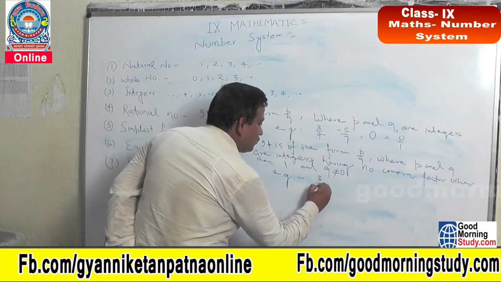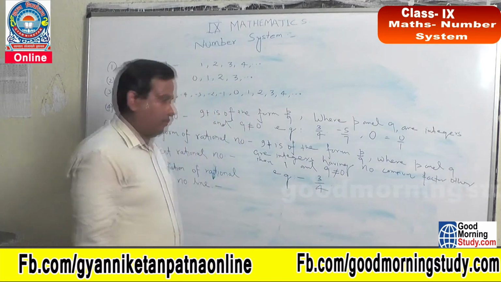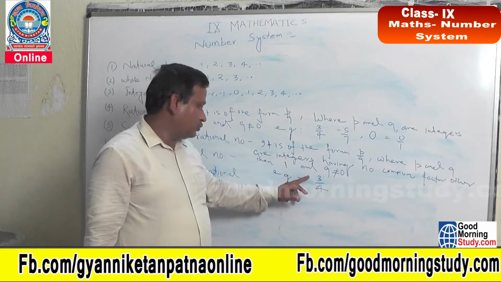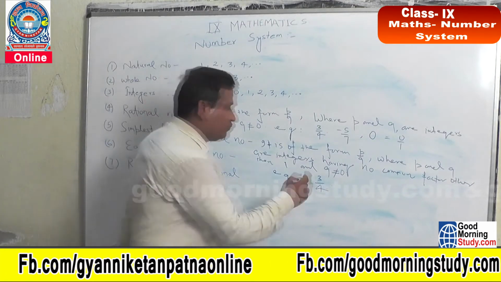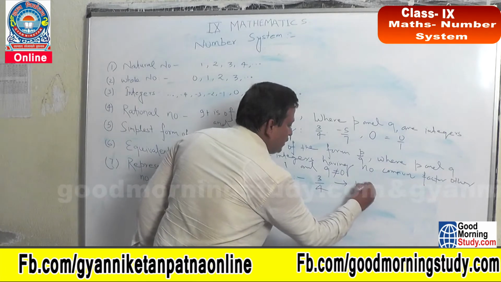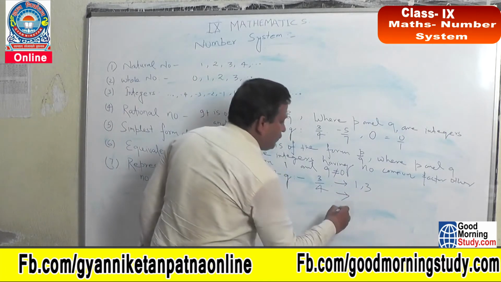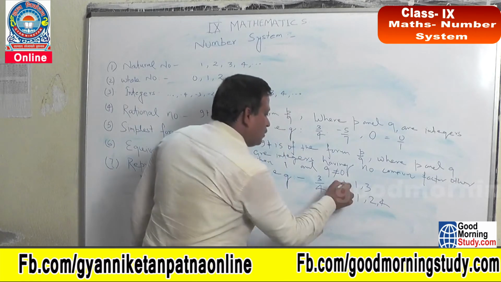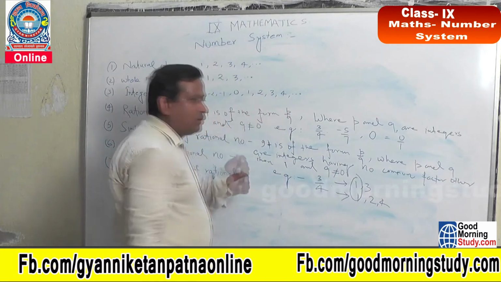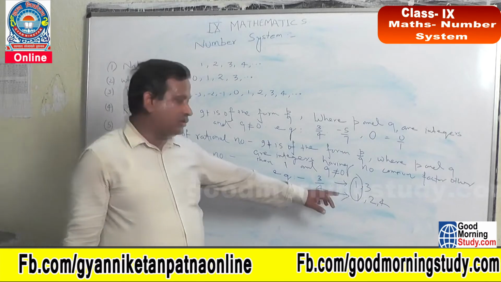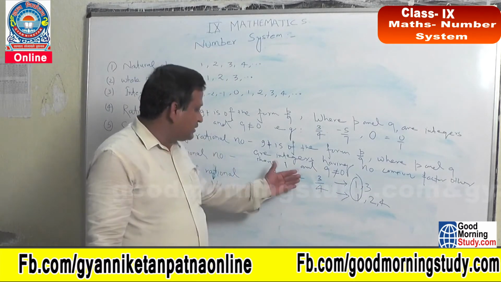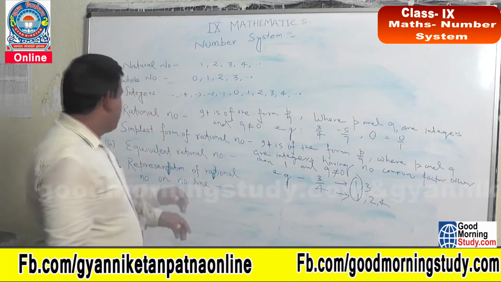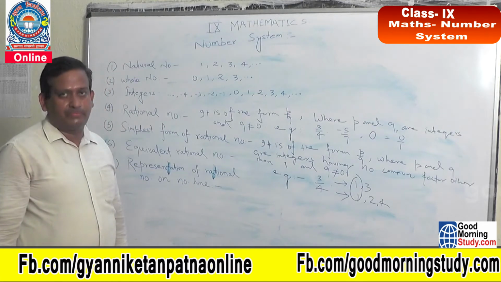Suppose 3 by 4. 3 has only 2 factors, 1 and 3, and 4 has factors 1, 2 and 4. So only one common factor, that is 1, is coming, and that's why we can say that 3 by 4 is in the simplest form of the fraction.